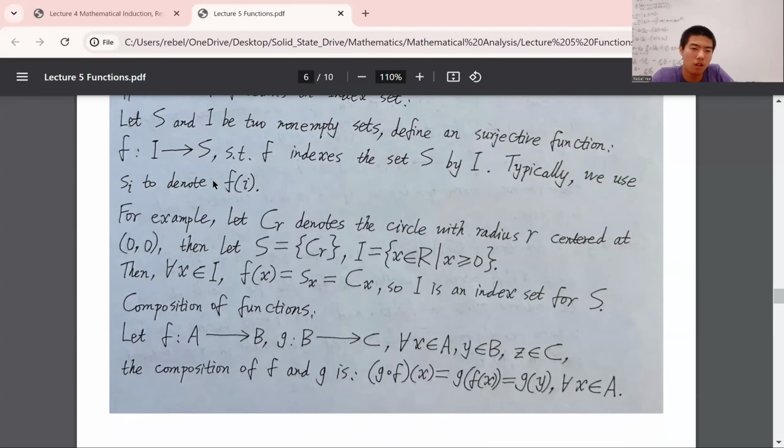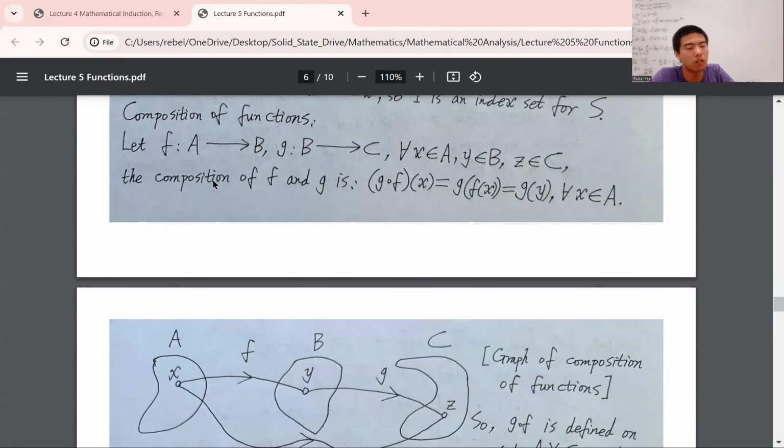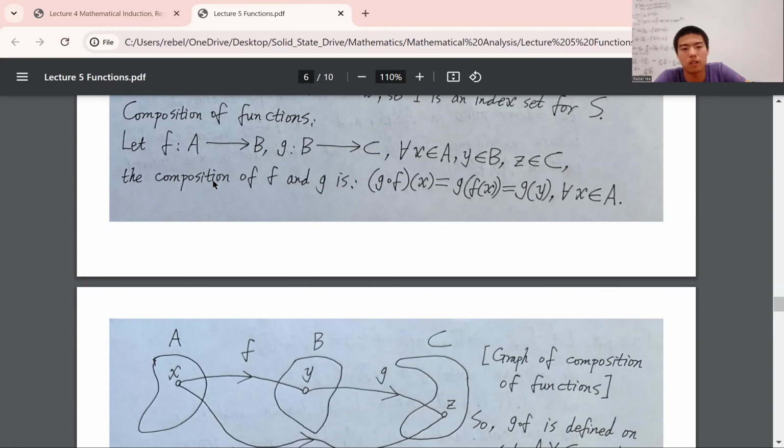And by now, we can do some other operations on functions. So one very famous one is composition of functions. It's just like combining two functions to form a new one. So we first define the function f and function g, where f goes from set A to B, and g goes from set B to C. And for all elements x in A, y in B, z in C, the composition of f and g is written with this small circle character.